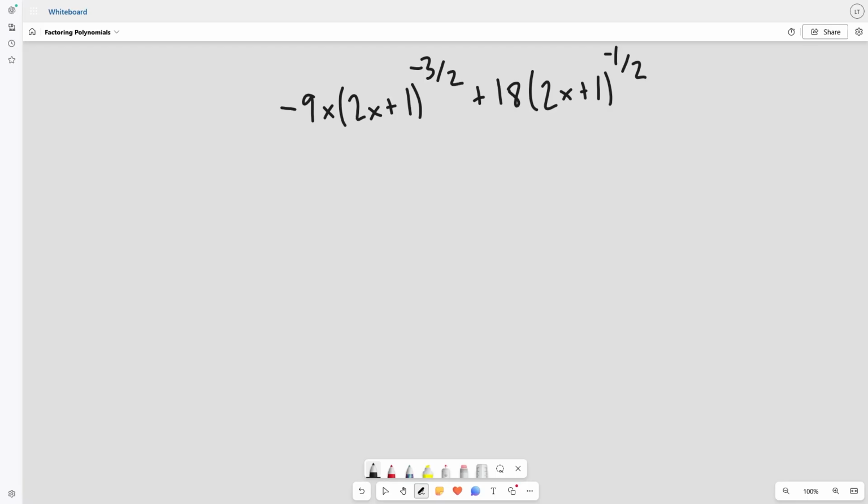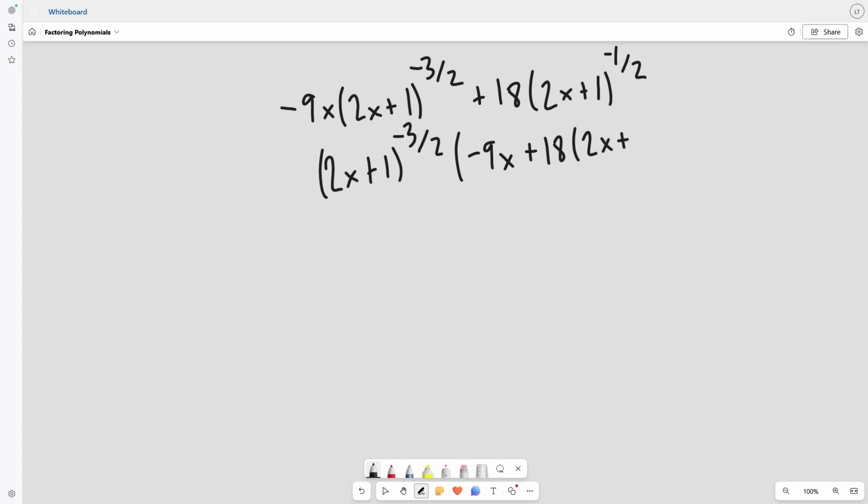Start by pulling out your lowest exponent again. That would be the negative 3/2. Pull out the 2x plus 1 with the negative 3/2. And this is kind of like factoring by grouping. You pull your negative 9x into here, plus the 18.